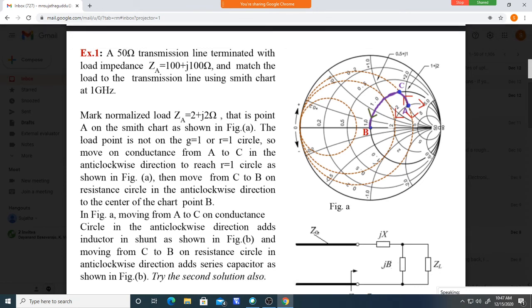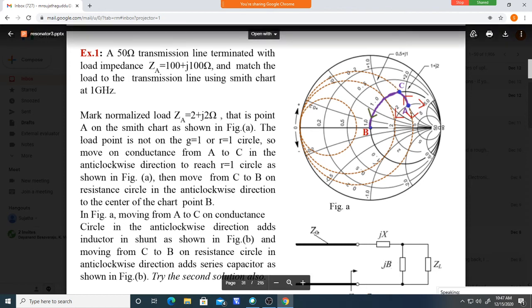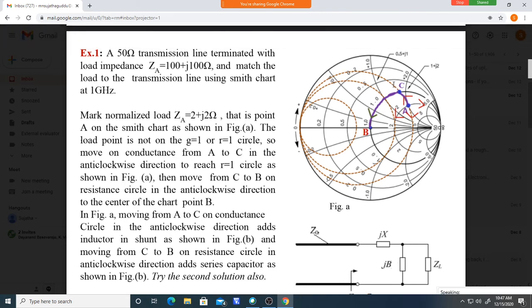After identifying which conductance circle and which resistance circle is passing through this point, you should identify which direction you should move. For example, this is a conductance circle passing. But from here, which direction you should move, either this direction or this direction, to reach the R is equal to 1 or G is equal to 1 circle.